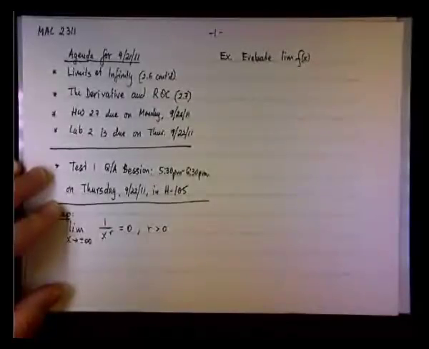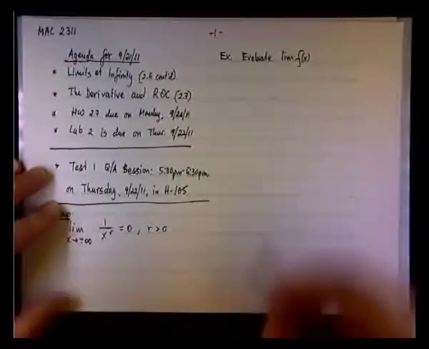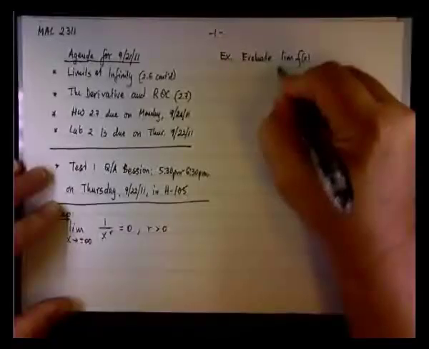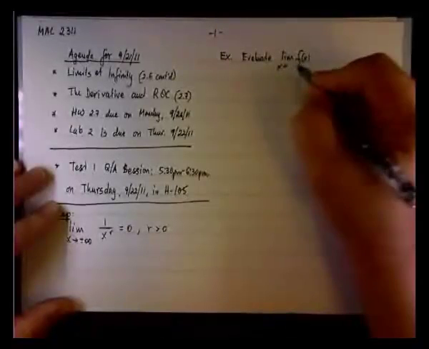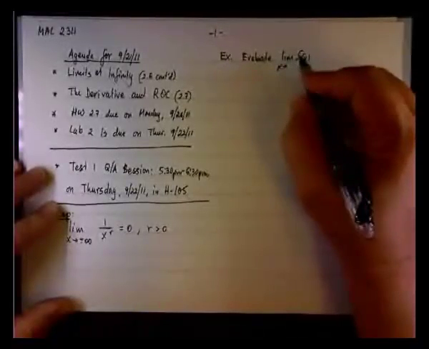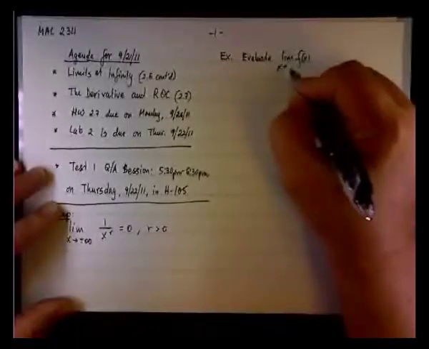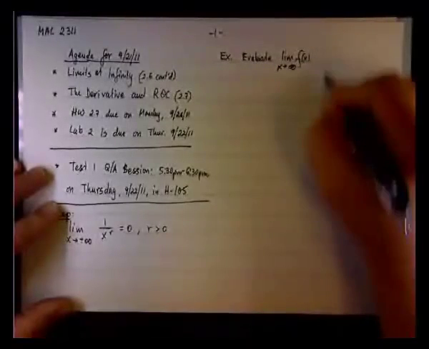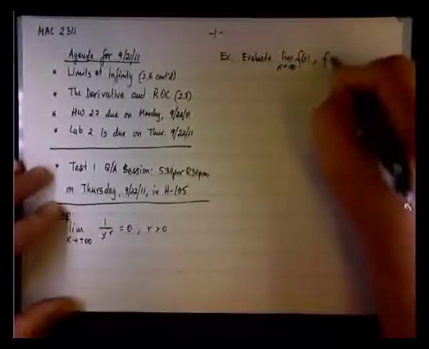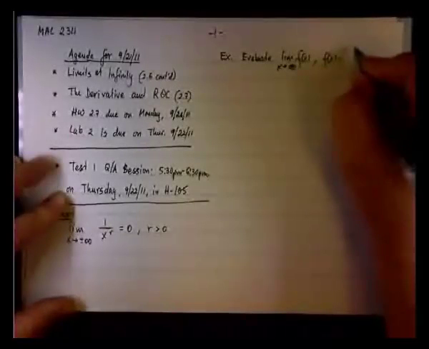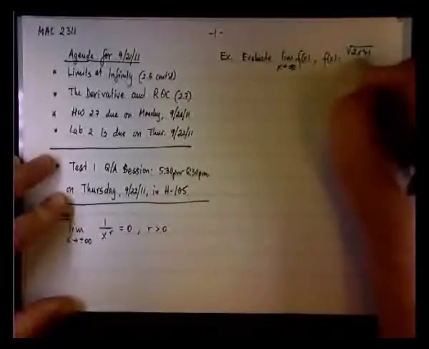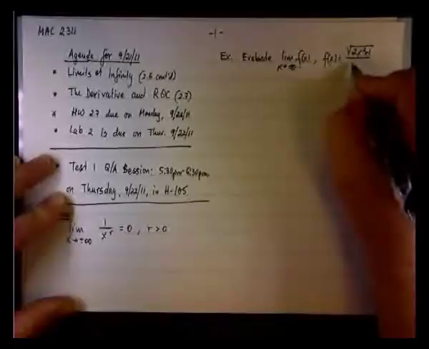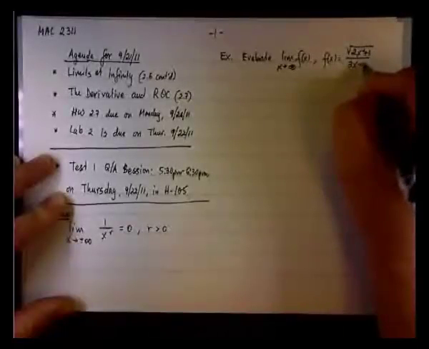Actually, yeah, we can write it this way when x goes to infinity. And f of x is the function, we have a square root on top, 2x squared plus 1, divided by 3x minus 5.